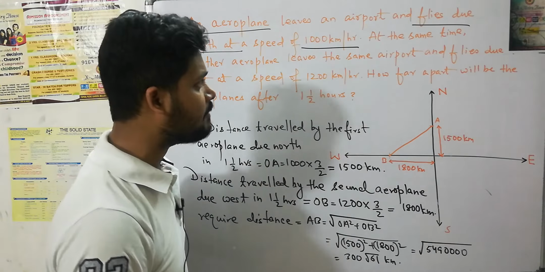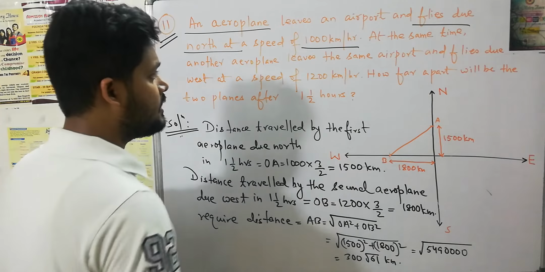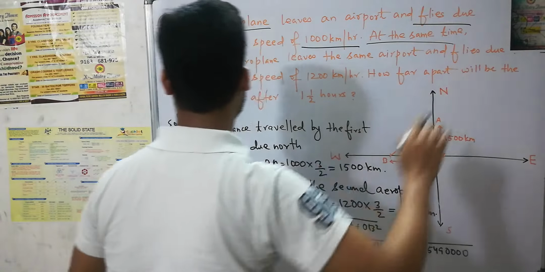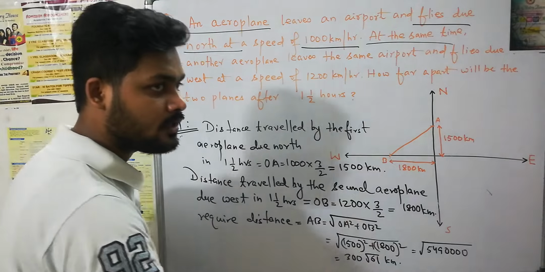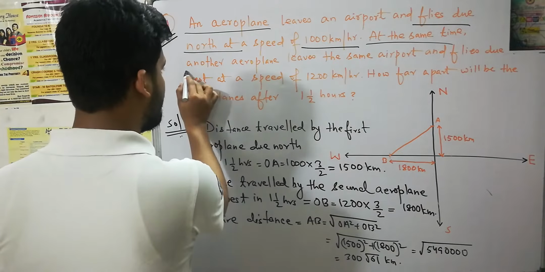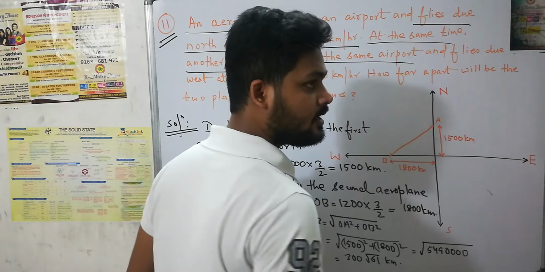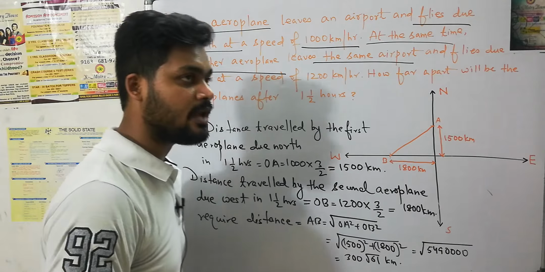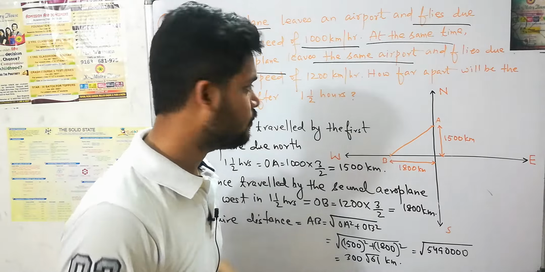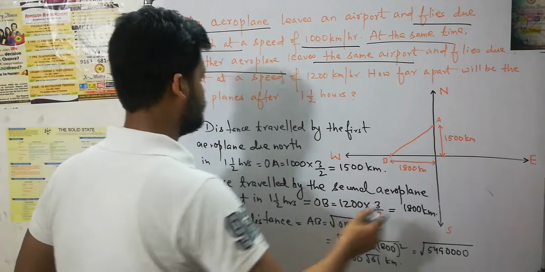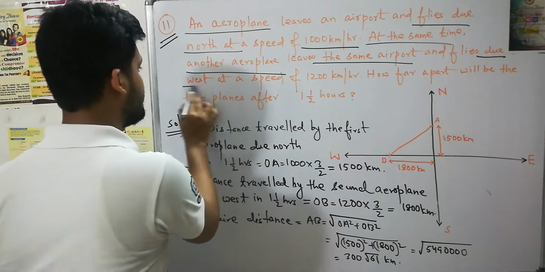Now, at the same time, another aeroplane, the second aeroplane, leaves the same airport, and it flies due west.